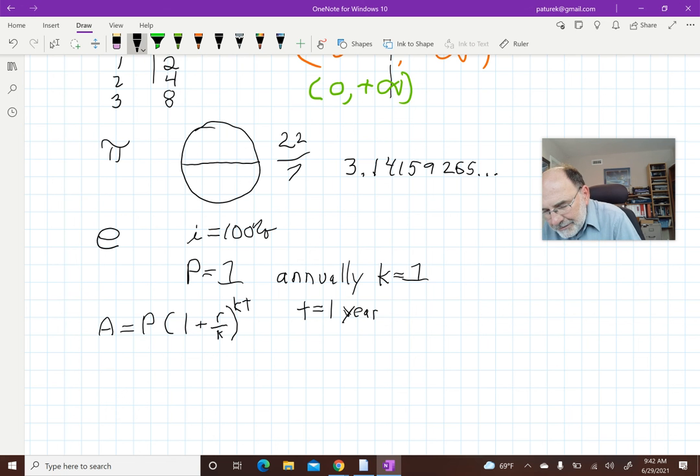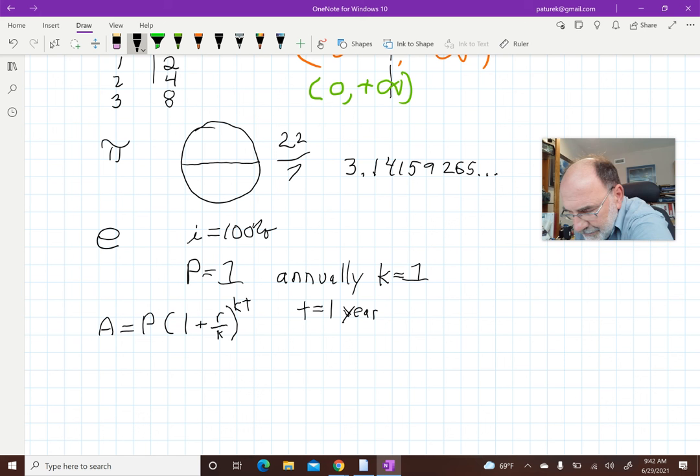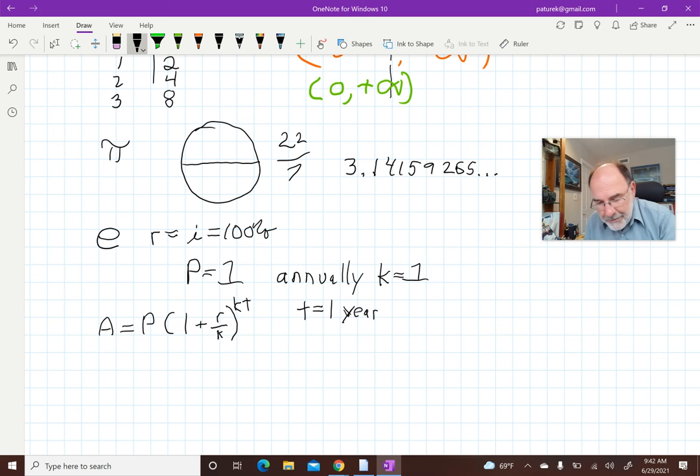The interest rate, if it's 100%, and I'm sorry, I wrote it as an i. In your homework, they use the letter r to represent it. And of course, that's the same thing, right? So lowercase r, the rate is equal to i, the interest rate is 100%. Well, 100% is 1.